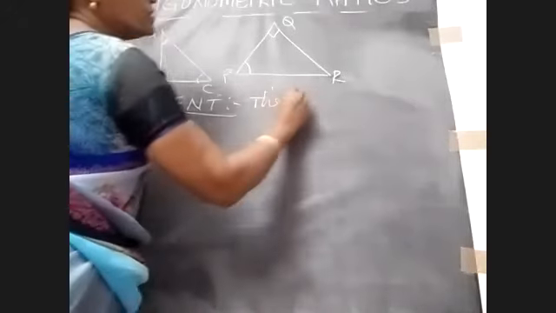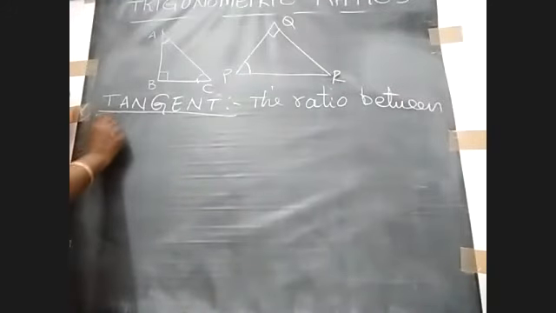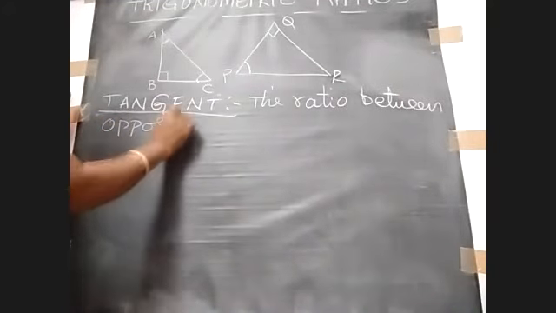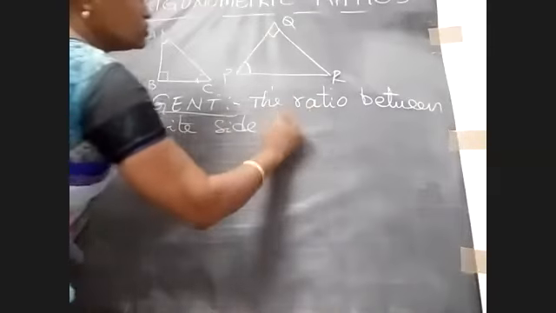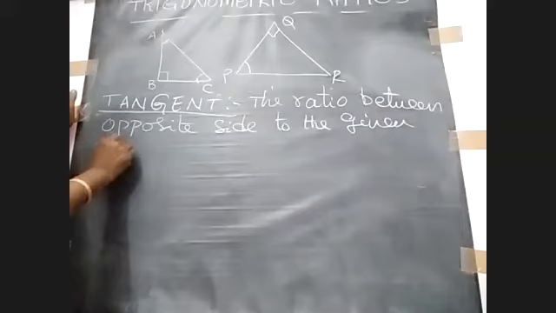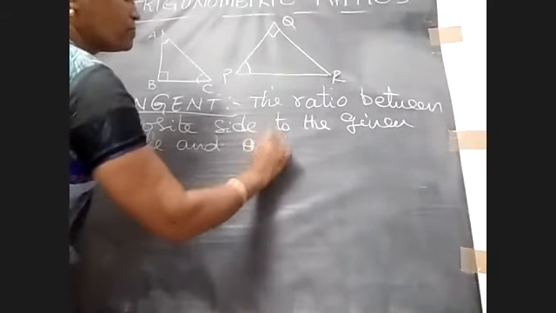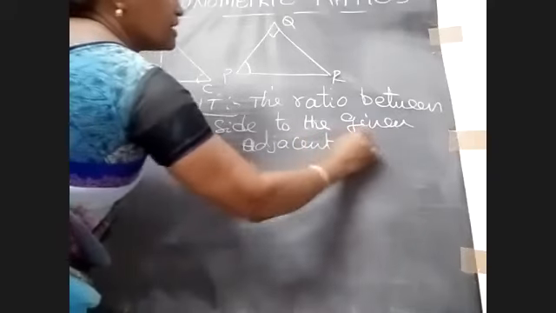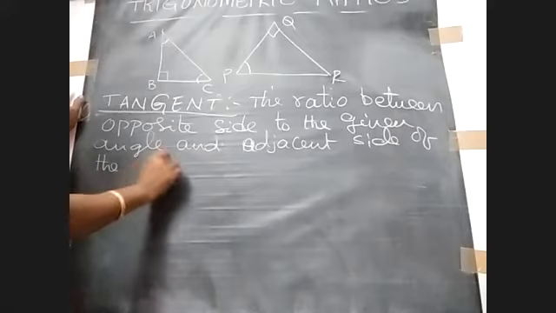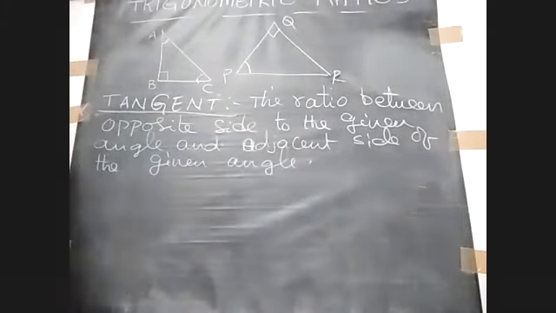The ratio between the opposite side to the given angle and the adjacent side of the given angle is called tangent of the given angle.